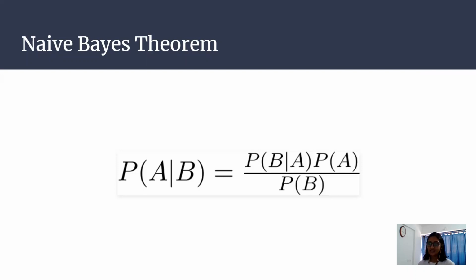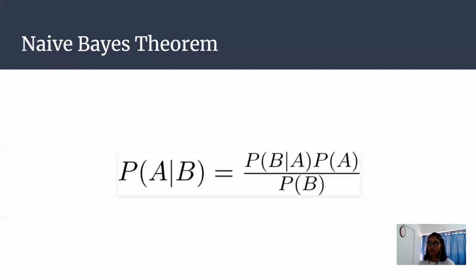Now the question arises, why is this name naive Bayes given? It is named naive Bayes because the assumption made here is that the predictors or the feature values are independent, which means that the presence of one particular feature does not affect the other, and hence the name naive.